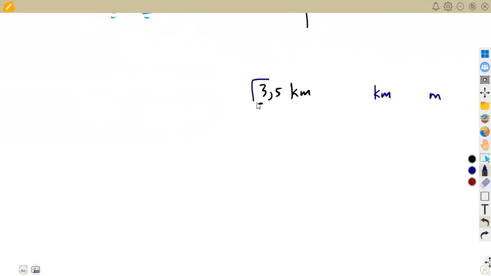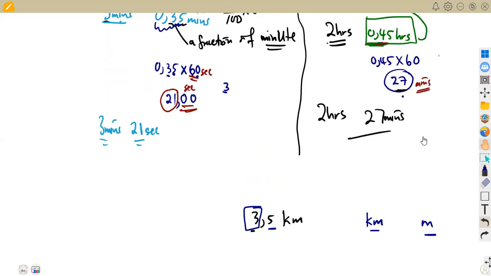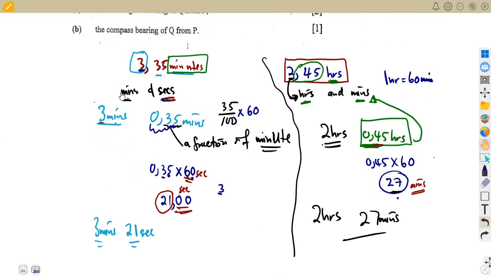So the 3 is representing the full kilometers. The remaining is the one that is in meters. So that is the whole approach of these typical questions, whereby you are being asked to write in kilometers and meters, or it's a time whereby you're dealing with hours and minutes, or time in minutes and seconds.